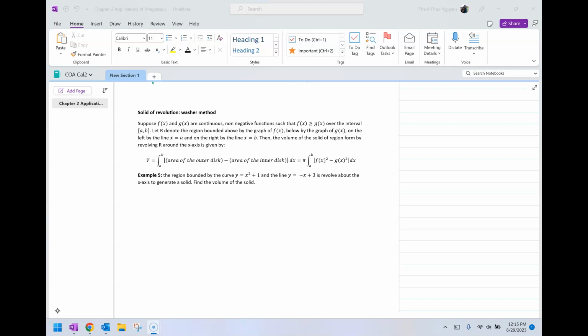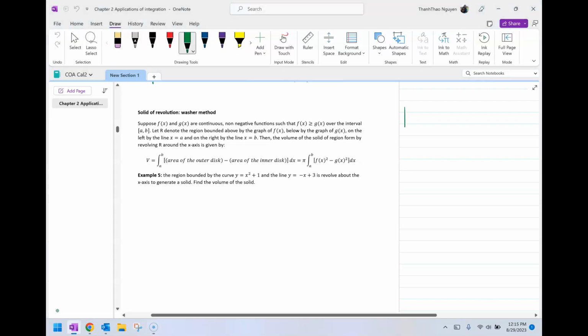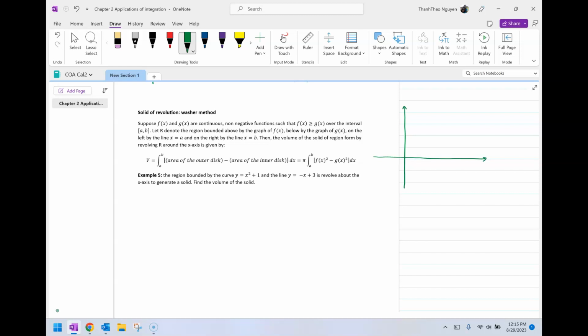So let's do a little bit of visualization. Here you have an xy coordinate plane, and you have a function, say here f of x, and you have a function below it, g of x.